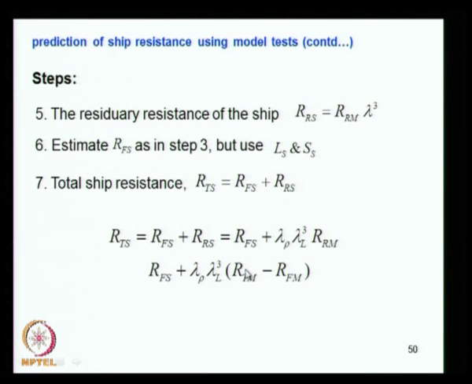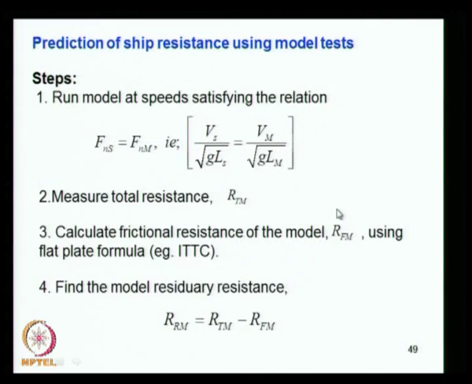So that is the procedure adopted in prediction of total resistance of a ship from a model test. Which implies that you cannot take the total resistance of the model, RTM, and just multiply by lambda cube to get the total resistance of the ship. You have to follow this procedure, and finally you get the total resistance of the ship.